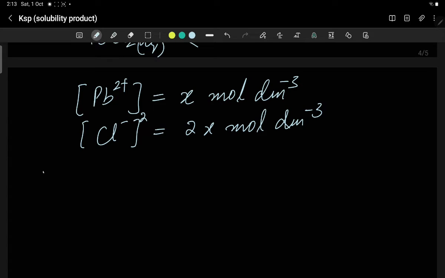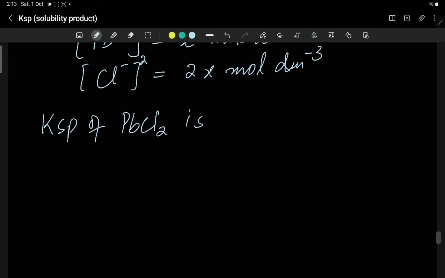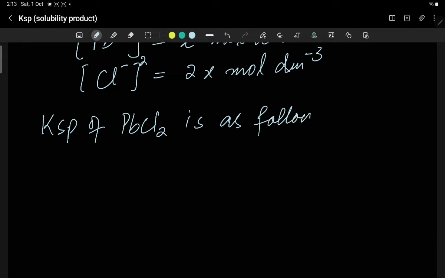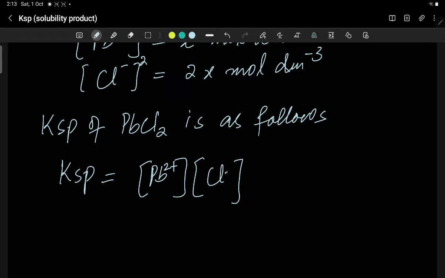The solubility product Ksp of lead chloride is as follows: Ksp is equal to Pb2+ times Cl- squared.